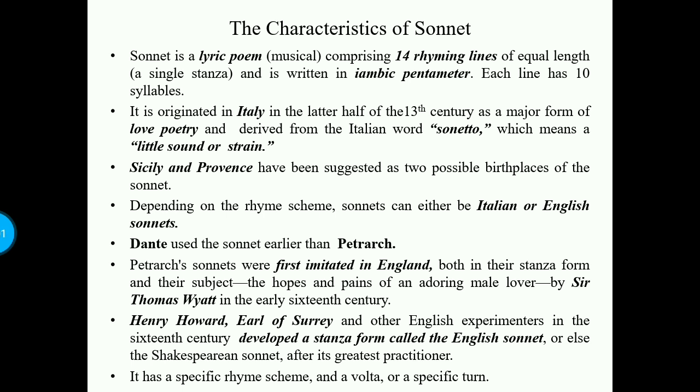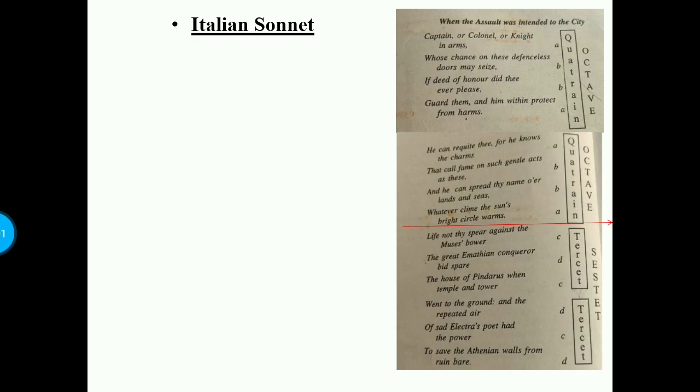It has a specific rhyme scheme and a volta. Volta means a specific turn in the way of idea. As we come to know, depending on the rhyme scheme, a sonnet can be an Italian sonnet or an English sonnet. The English sonnet can also be called the Shakespearean sonnet.